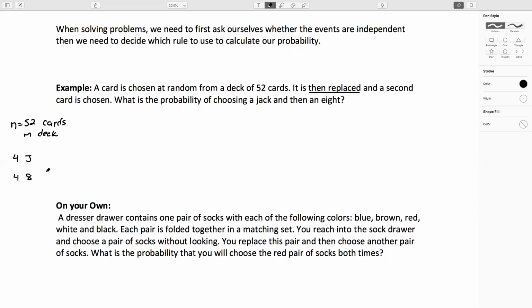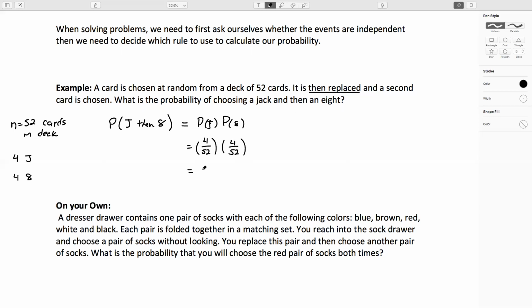All right. So if we want to find the probability of jack then 8, we have to calculate the probability of getting a jack and then multiply by the probability of getting an 8. There's 4 of both. So the probability of a jack is 4 over 52, and the probability of an 8 is also 4 over 52.